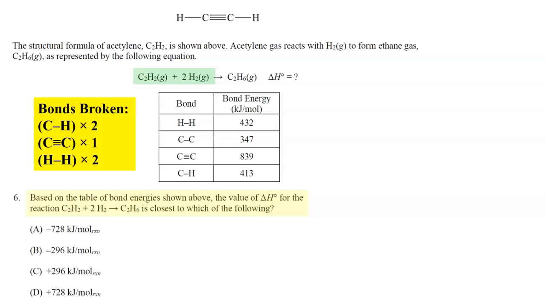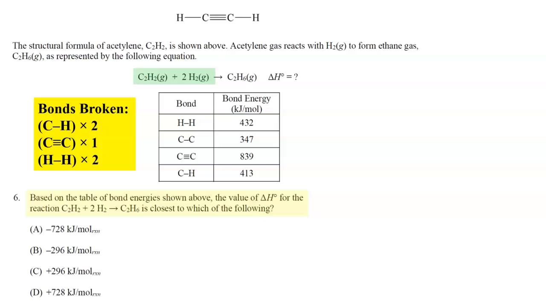Looking at the structural formula of acetylene, as far as bonds broken, that would be 2 carbon-hydrogen single bonds, 1 carbon-carbon triple bond, and then since there's a coefficient of 2 in front of the hydrogen, that means that there will be 2 hydrogen-hydrogen bonds that are broken. So that is our list of the bonds broken.